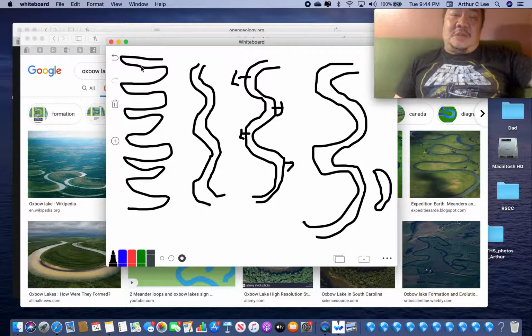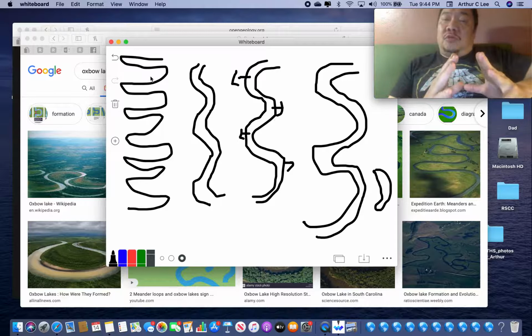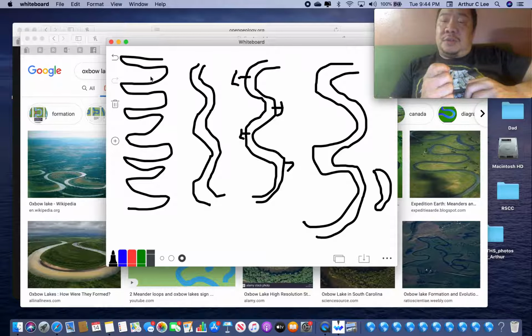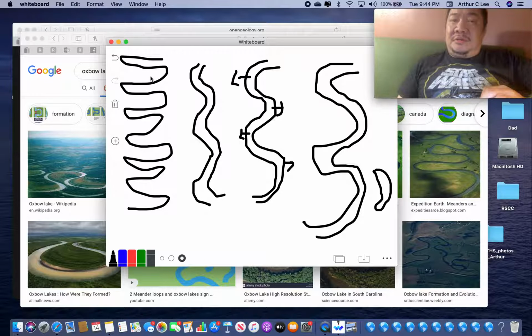When a river becomes too meandering, like this one here, this river is way too meandering. All rivers follow two rules. Rule number one is rivers always take the shortest path to the ocean.